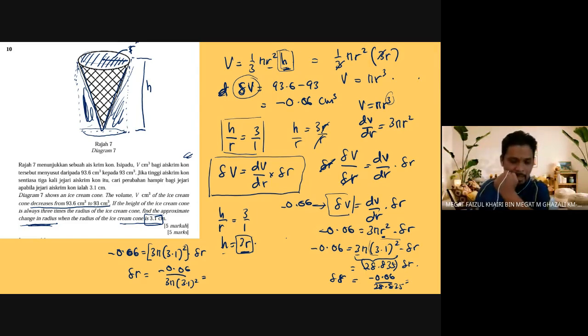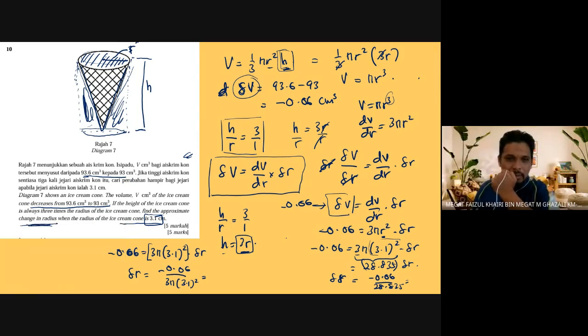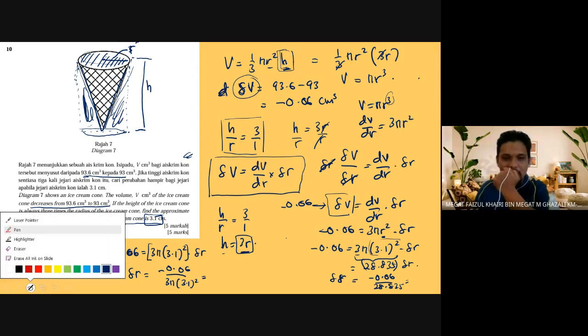Then anyway, the change of V: 93.6 minus 93 is supposed to be negative 0.6, right? Negative 0.6. So it's negative 0.6, not 0.06, sorry.